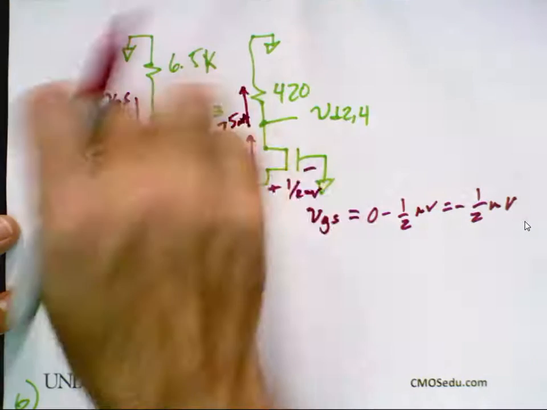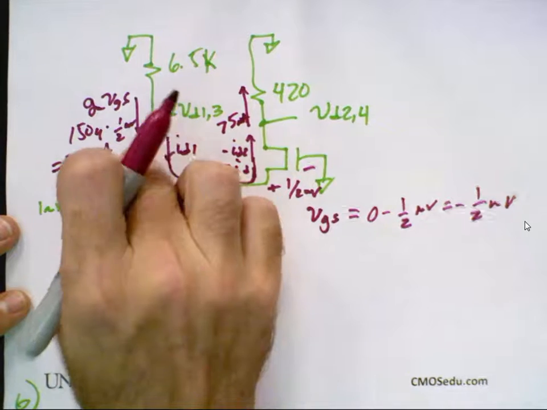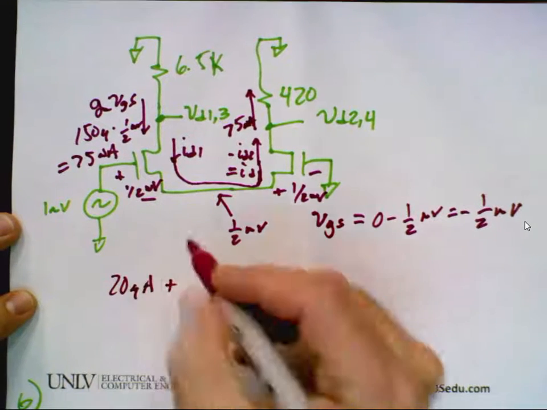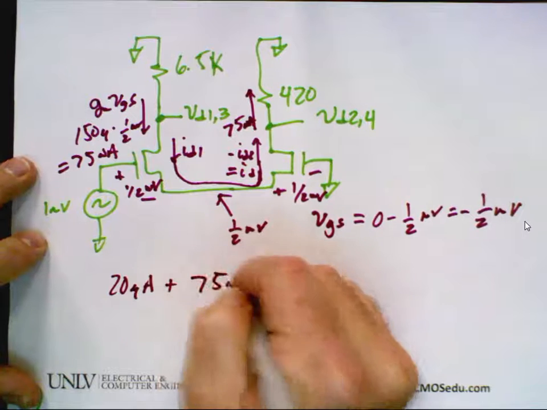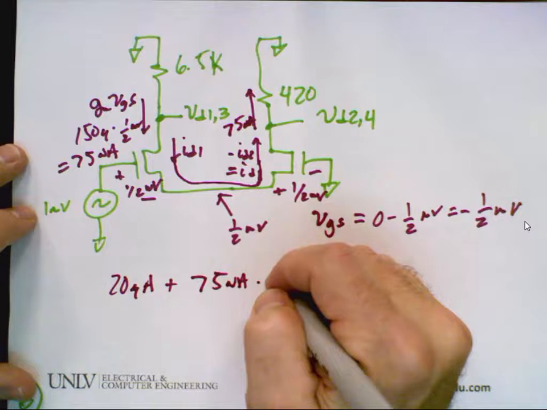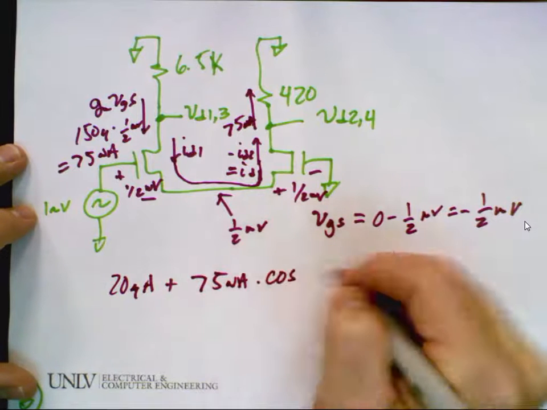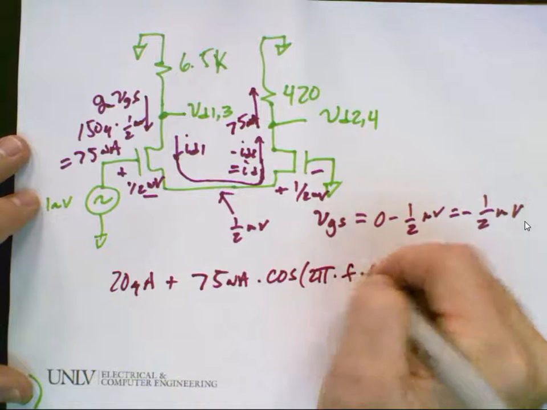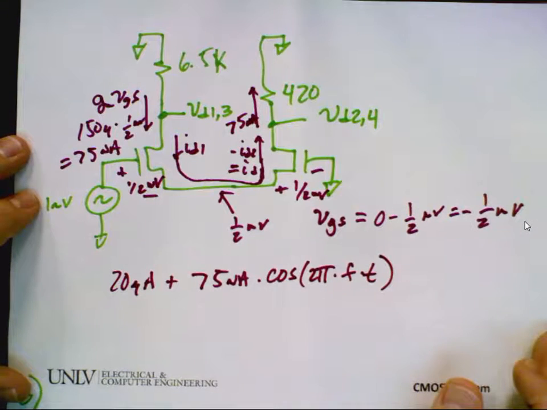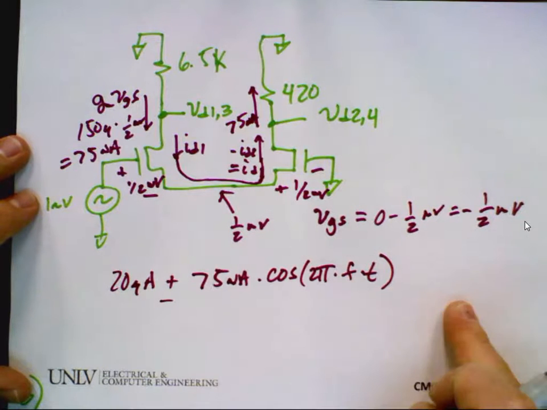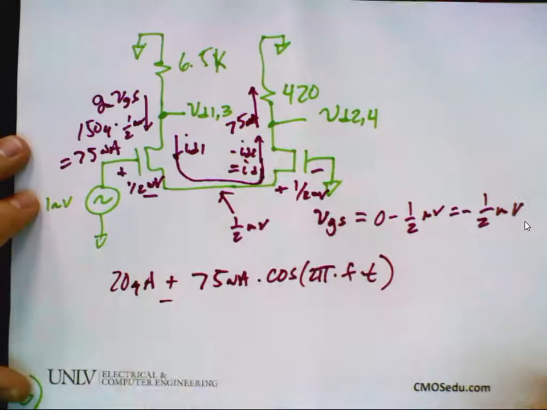It's got to be the same. So this current is equal to 20 microamps DC plus 75 nanoamps, assuming this is a peak, times cosine of 2 pi times F times T. And this current would be minus 75 nanoamps, so that they would always sum to 40. Any questions?